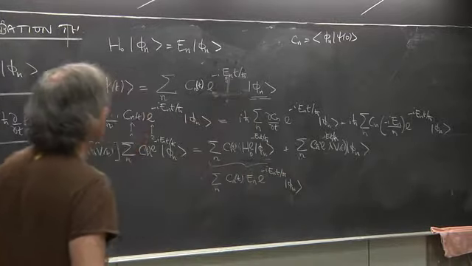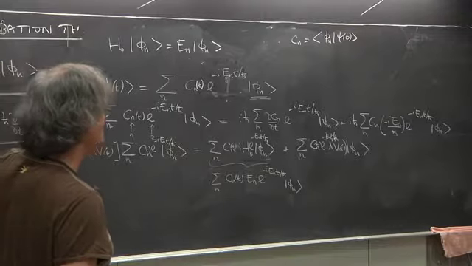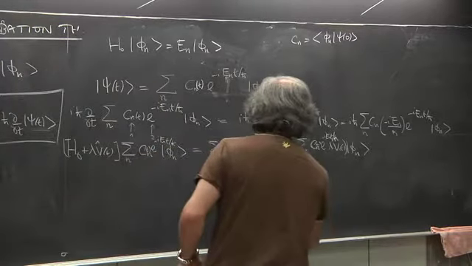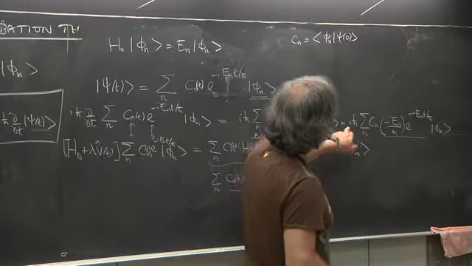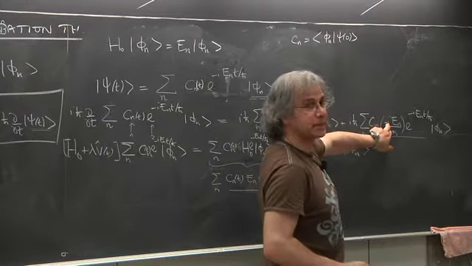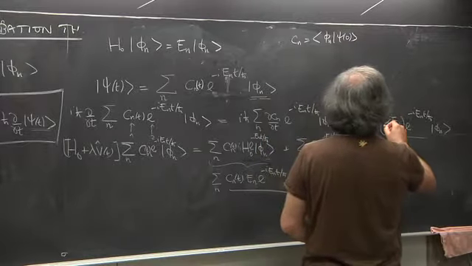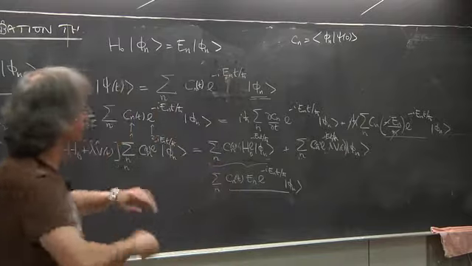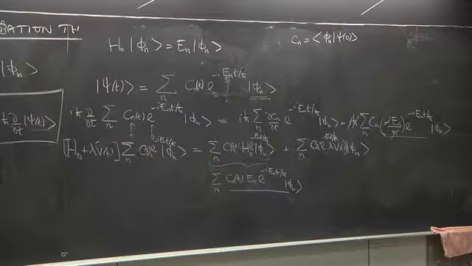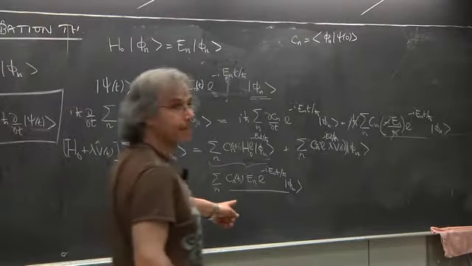Okay? And if you notice, check this term against this. You see, i and minus i gives me a plus, so this is really a plus 1. And h bar goes away with the other h bar. So this is exactly the same thing.